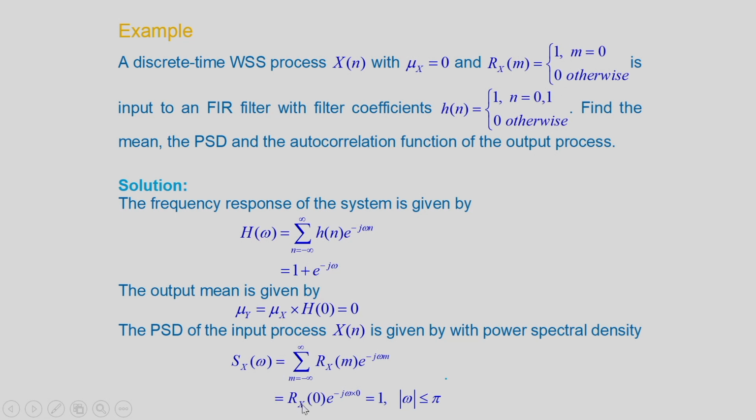Therefore it will be equal to Rx of 0 into e to the power minus j omega 0, that is equal to 1. The power spectral density is uniquely defined, because it is a discrete time Fourier transform, in a period from minus pi to pi. So Sx of omega is equal to 1 for mod of omega less than or equal to pi.